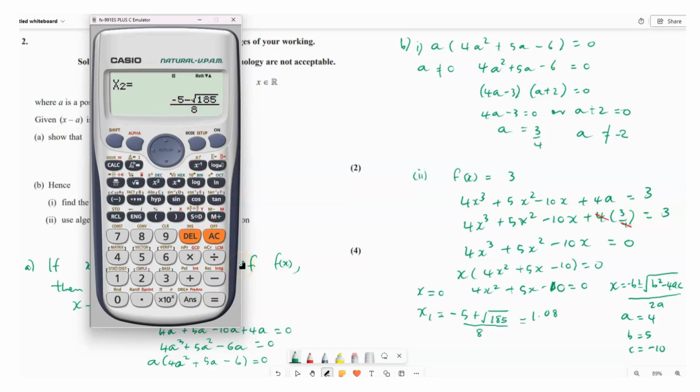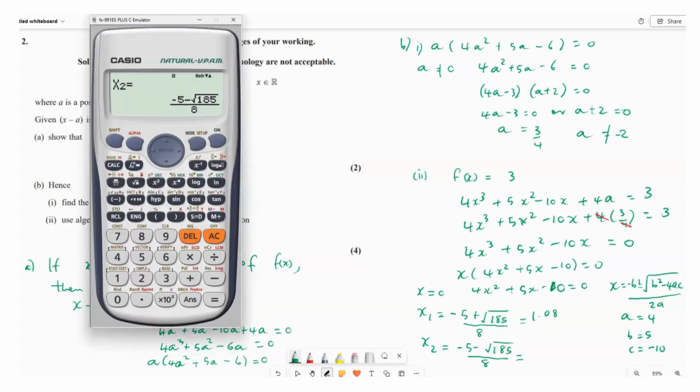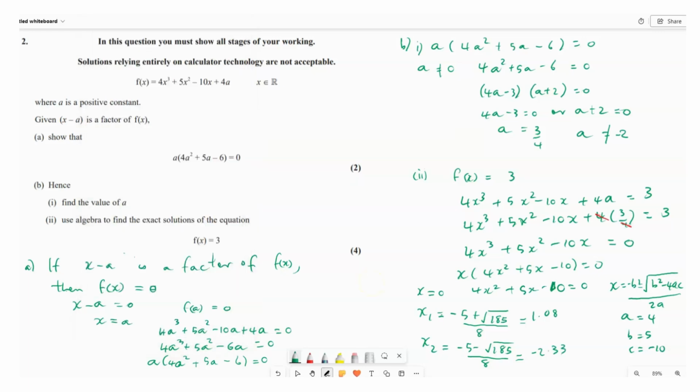So let's write down that for x2. Okay, so 2 decimal places, that would be minus 2.33. Here ends question 2. Thank you.